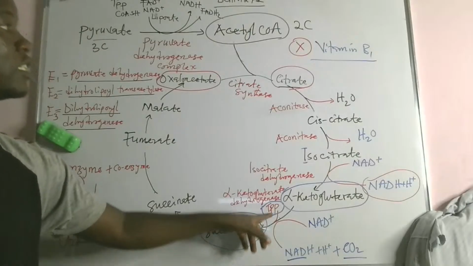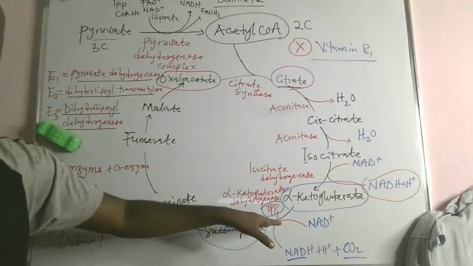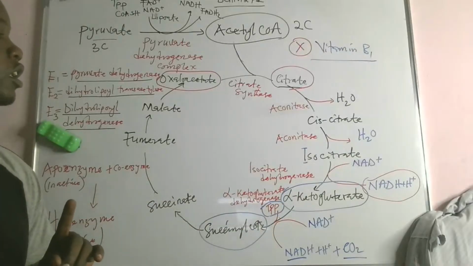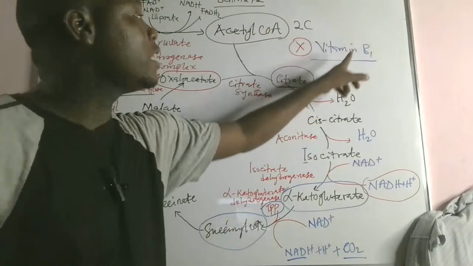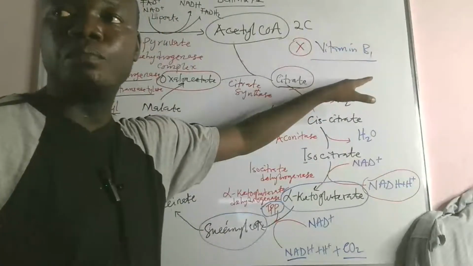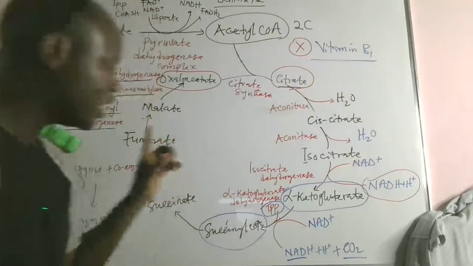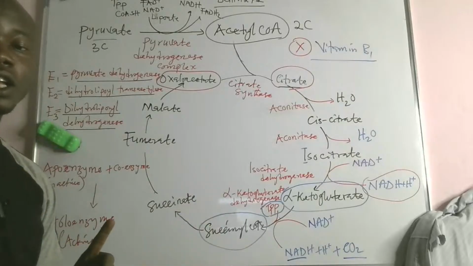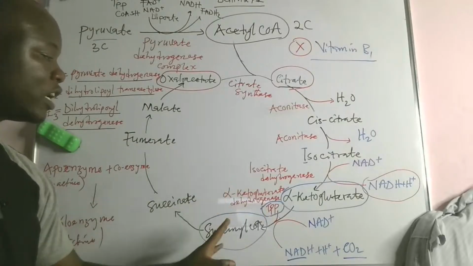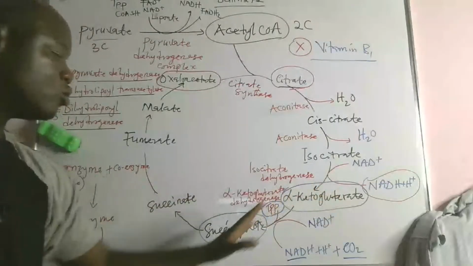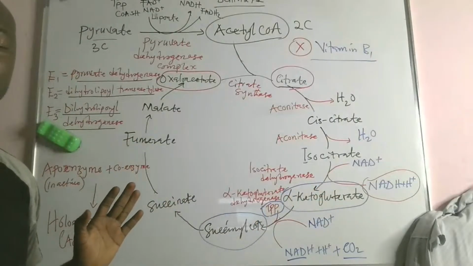So what is TPP? TPP means thiamine pyrophosphate, which is the same as vitamin B1. So if there is deficiency of vitamin B1, what will happen? It means that there is deficiency of TPP. And if there is deficiency of thiamine pyrophosphate, the alpha ketoglutarate dehydrogenase cannot convert alpha ketoglutarate to succinyl-CoA.